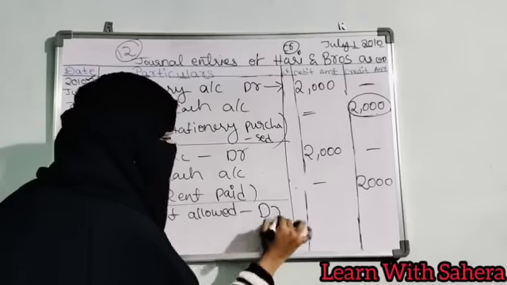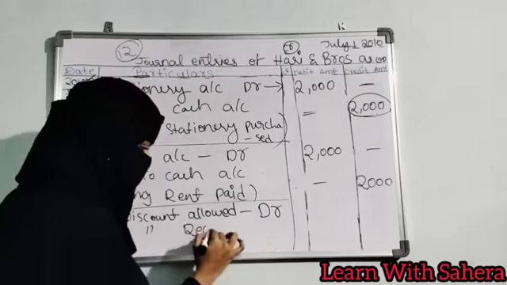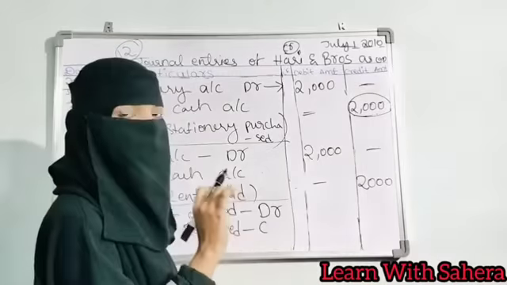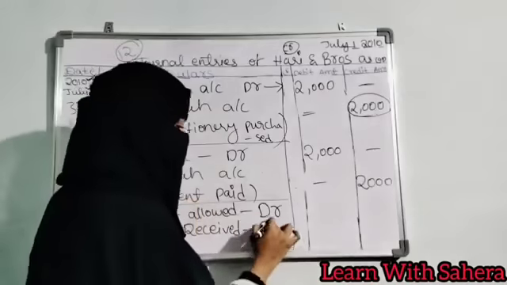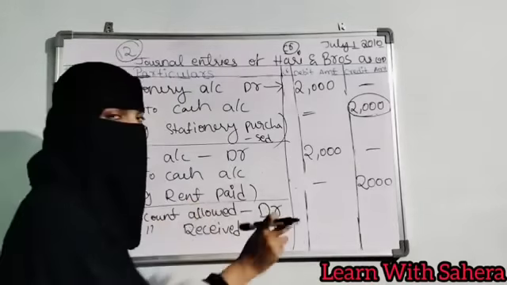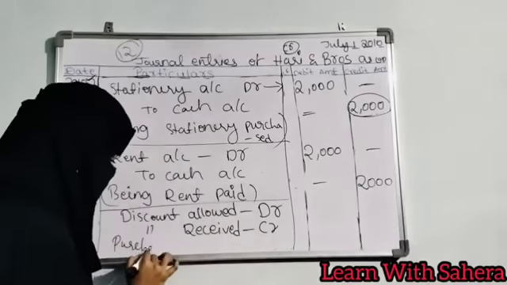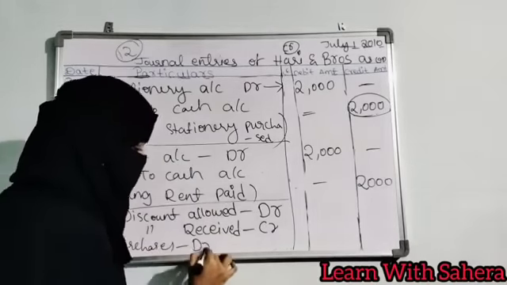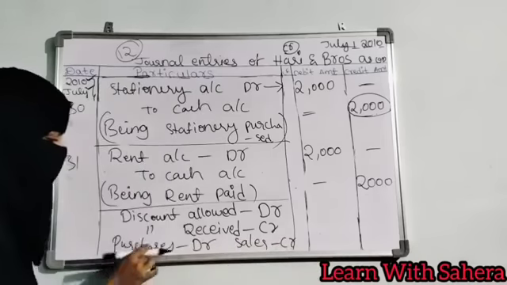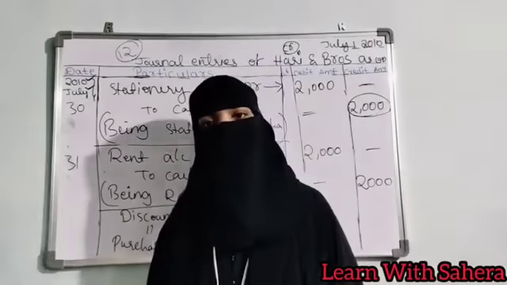When it is discount received, it is a gain for us. All the incomes and gains will be credit. So discount received is credit. Discount allowed is debit. Remember this point. And purchases debit. Sales credit. Sales return debit. Purchase return credit.